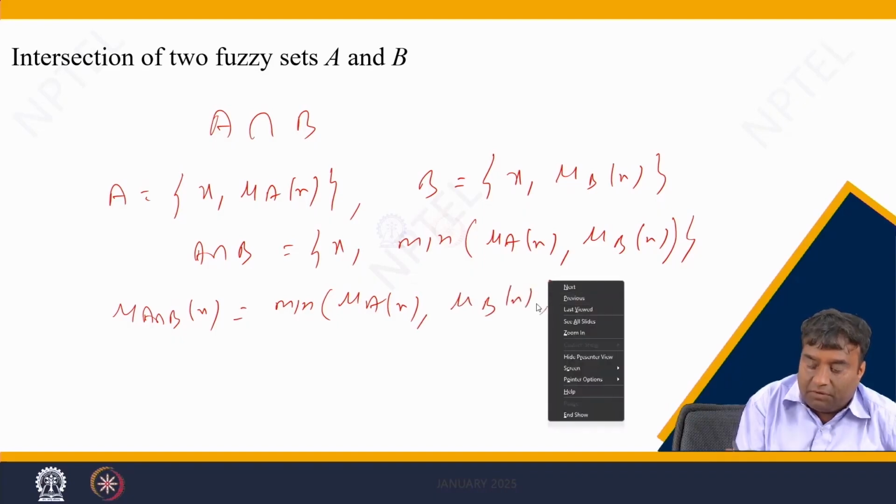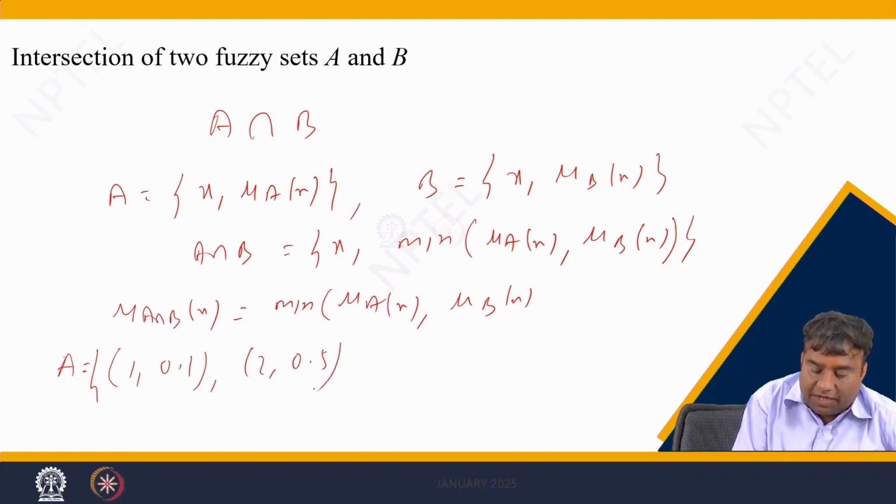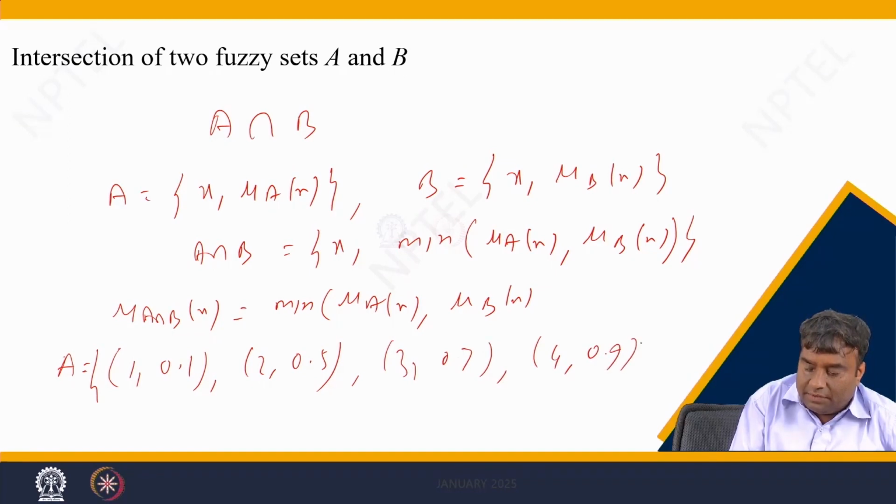So if you try one example, let me take A equal to: 1, 0.1; 2, 0.5; 3, 0.7; 4, 0.9.